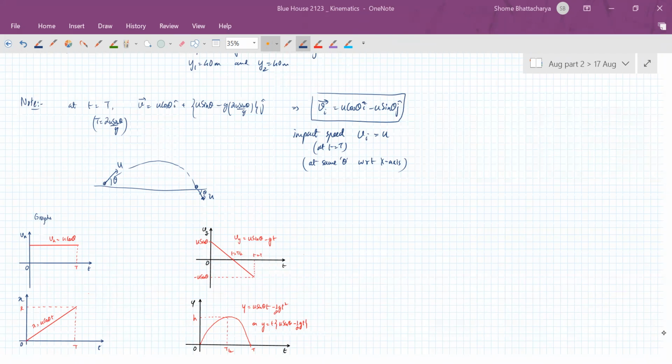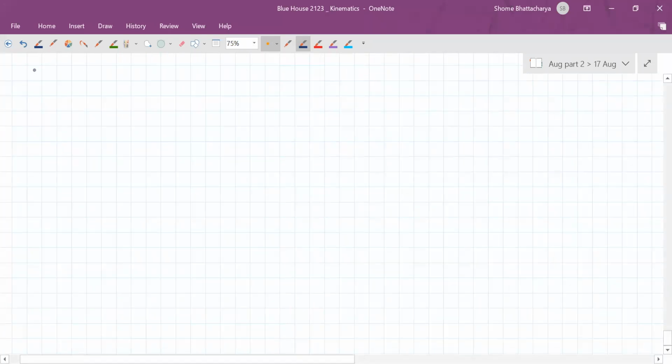Okay, now once you understood these graphs, one final thing here is what we call the trajectory. Trajectory is a fancy word for path actually.